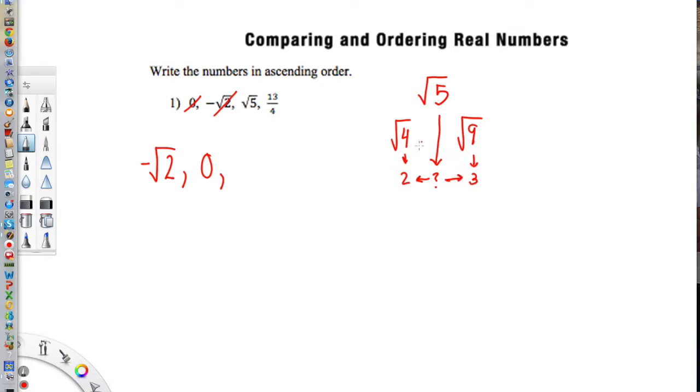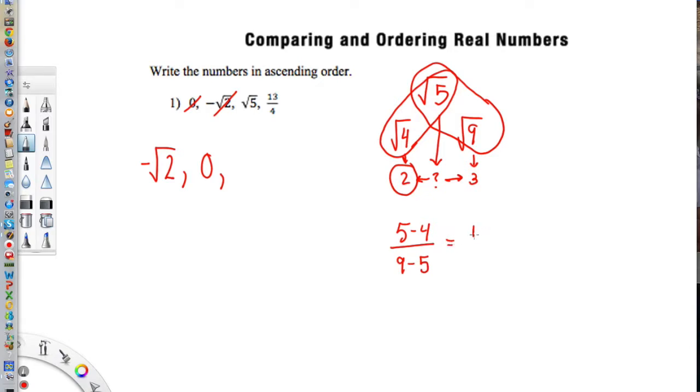And I can say it's going to be closer to 2 because when I look at the square root of 4 and the square root of 5, they're only 1 apart, whereas the square root of 5 and the square root of 9, they're 4 apart. So I know it's going to be 2 point something, or 2 and a fraction of something. So I take the difference between my first two square roots, 5 minus 4, and divide it by the difference of my next two square roots, 9 minus 5, and this is going to be 1/4.